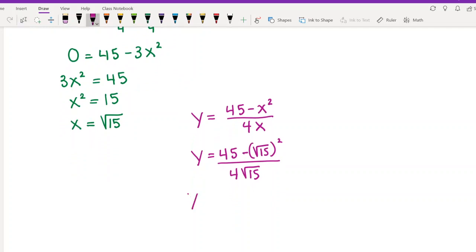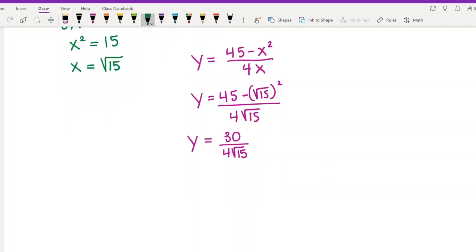And so that would be 45 minus 15, right? So that's 30 over 4 times the square root of 15. So those are our dimensions. Let's write all of them down, right? Because it's a three-dimensional object, so we should have 3 dimensions.